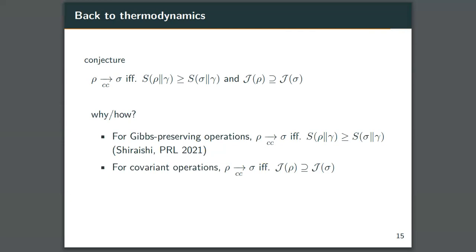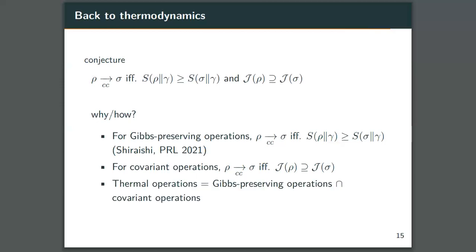We don't know if the other direction also holds. I think Ryuji and Naoto's paper, submitted concurrently to arXiv, showed that in some cases you also have the other way around. So there is some evidence that this could be true. This is the monotone that governs transformations under covariant operations.